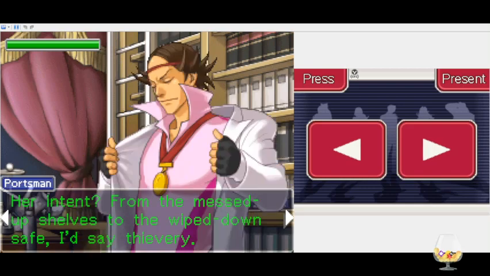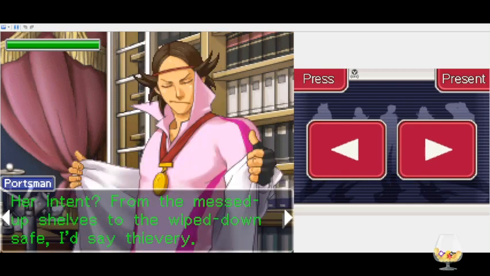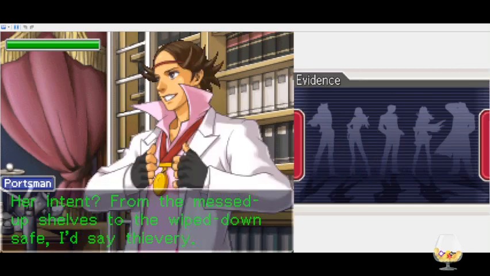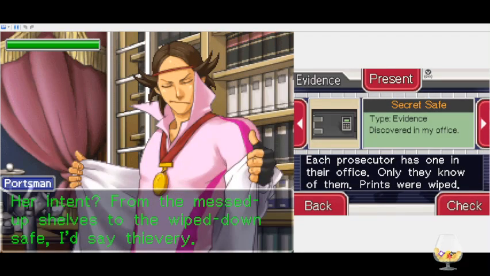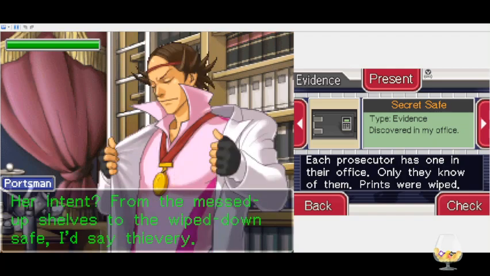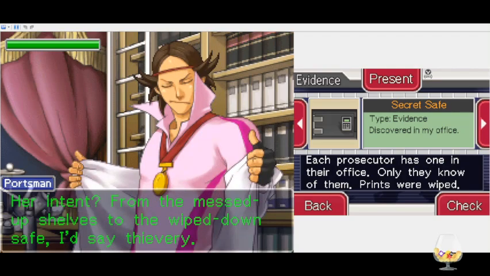From the message to the whiteboard. Only the prosecutors knew about the safes. So how did Maggie know about it?